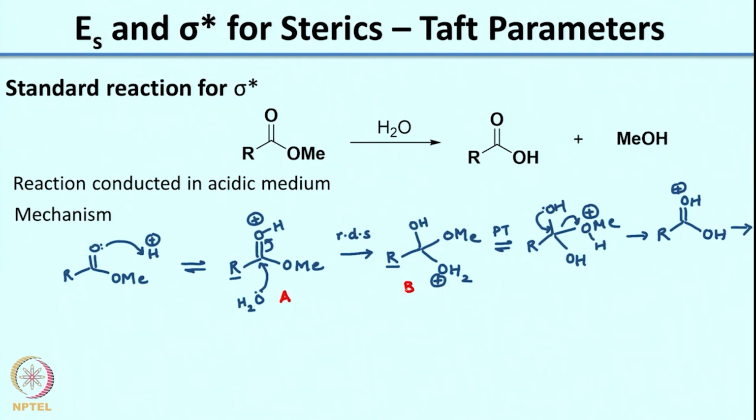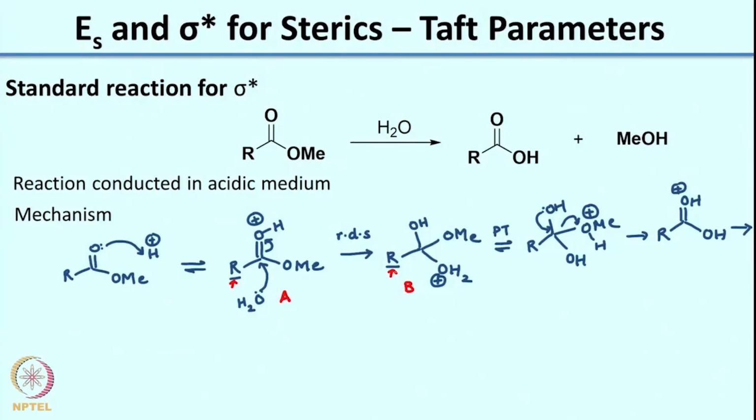So, if I have an electronic effect on A, say electron releasing or electron withdrawing R group, a similar effect will also be felt on B. So, if the energy of my reactant as well as my transition state is increased or decreased, it will not have much of an effect on the reaction kinetics.